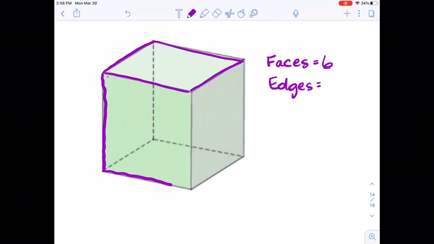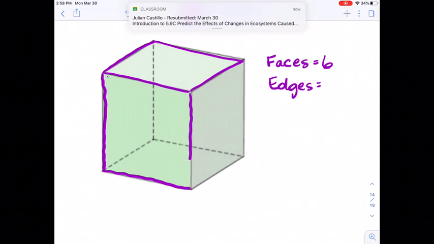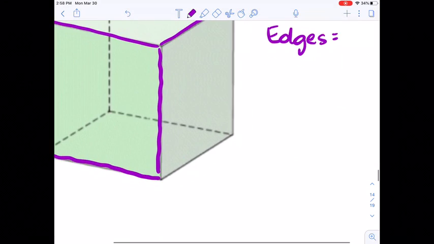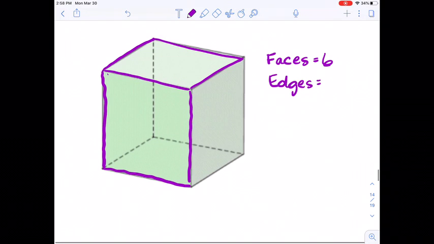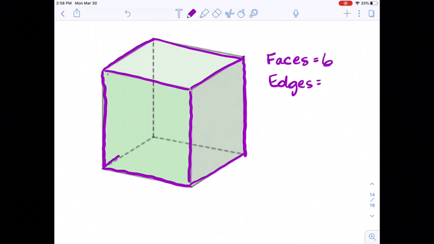Here's 5, 6, 7, 8, 9. Do you think I have them all yet? Good job, I don't. I've missed a couple. Remember, I have to count those that are the back of the shape too. Here's 10, 11, 12. Wow, a cube has 12 edges.